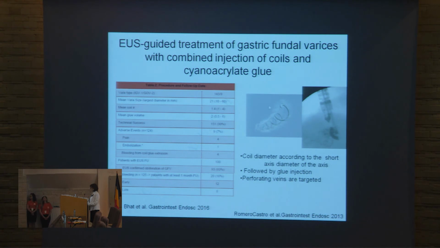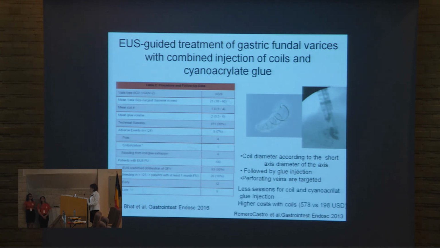And these coils allow us to reduce this complication. We don't use it yet, but we want to do it in the future, because according to this study, the risk of rebleeding is low, only 16%, and the obliteration of a perforating vein was high, about 90% of the patients.